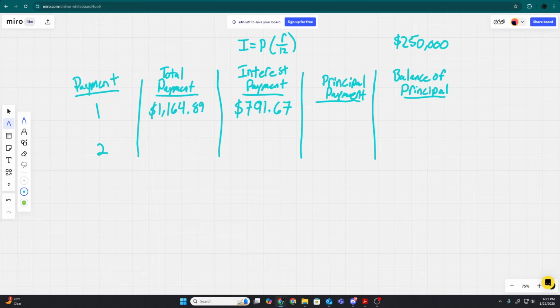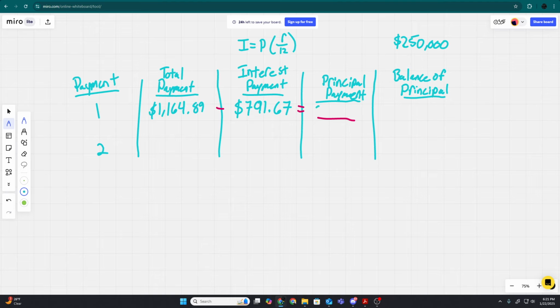Now the principal portion is going to be the payment minus the interest. So essentially we're going to take this minus this equals this number here. Okay? So I take $1,164.89 minus off that $791.67.